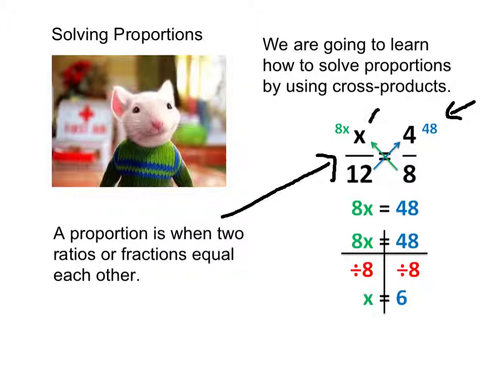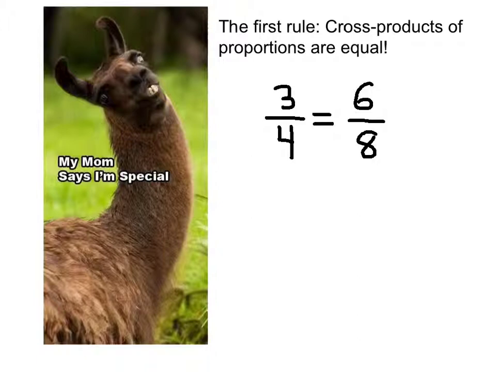You'll notice here that the x is a missing number, and we're going to learn how to find the value of that x. That's what we mean by solving proportions. Well, you don't have to be special to know how to do these, but the first rule is this: the cross products of proportions are equal. What I mean by that is the numerator of one times the denominator of the other is the same going both ways.